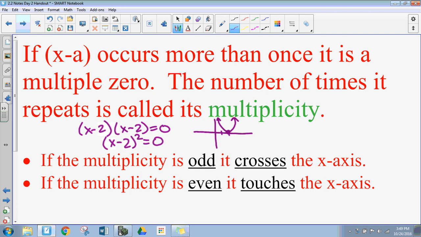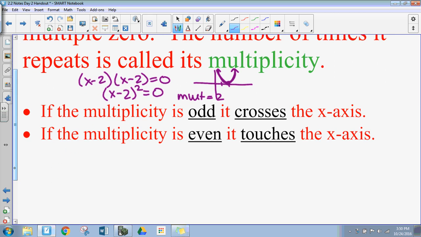If the multiplicity is even, it is going to come down and touch the x-axis and go back up. Okay, so in this case, it was an even multiplicity because it was 2. So it came down, it touched, and then it went back up. If it was an odd multiplicity, you might see something like x minus 3 cubed.